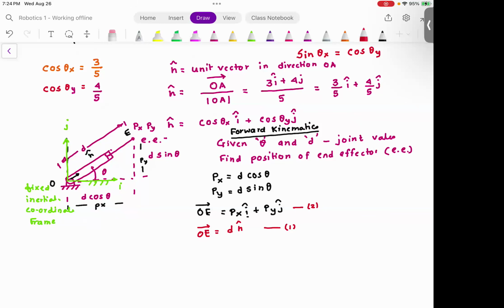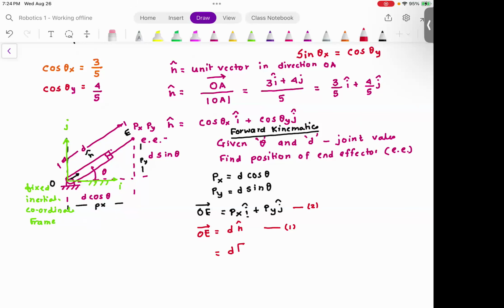What I do is I replace n hat, which is the unit vector attached to the robot, in terms of the unit vectors which are fixed. And do you agree with me? I already gave you the answer to this.